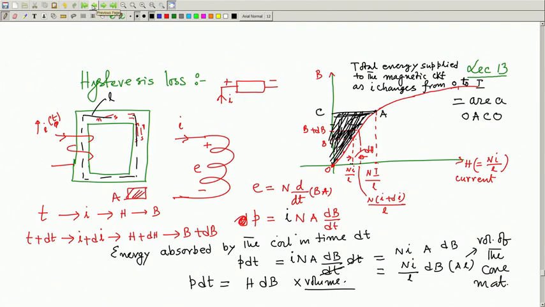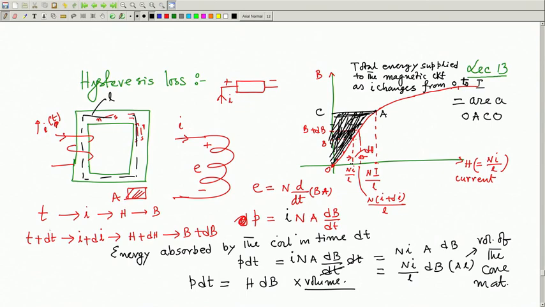What I did, while discussing hysteresis loss, was first suppose there is a single coil. At any time t, current is I, corresponding H is H and B is B, and suppose you are increasing the current from 0 to some fixed value I. Then what is going to happen?